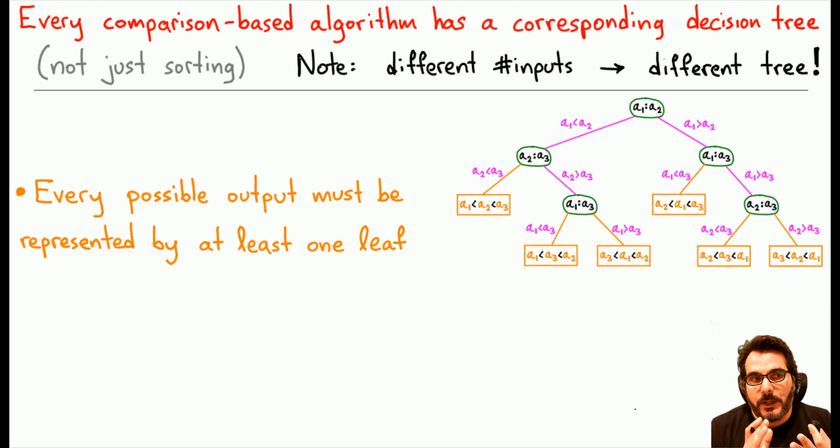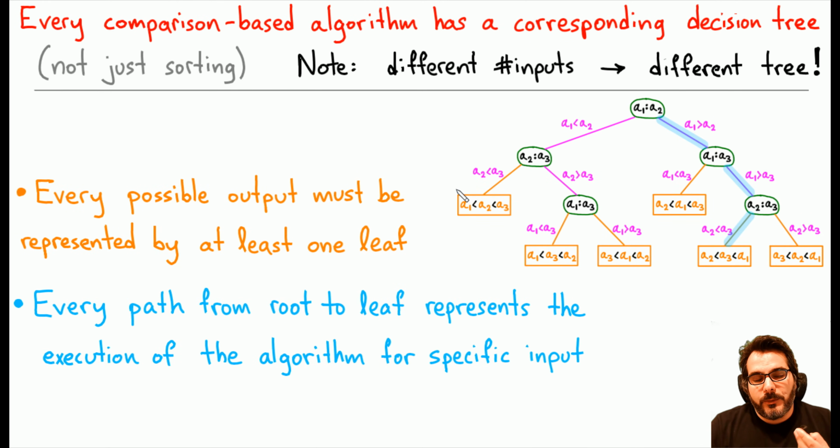Here, every possible output must be represented by at least one leaf. As you see, these are the outputs, and within the tree, you call them leaves as well. Each leaf is represented by an output.